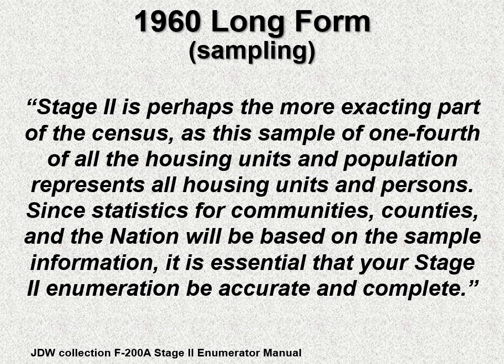And here's a stage 2 enumerator manual that says to the enumerators they're training that stage 2 is perhaps the more exacting part of the census, as this sample of 1/4 of all the housing units and population represents all housing units and persons. In other words, the sample is going to be used for many of the statistics for the communities, counties, and the nation, and they will be based on that sample information.